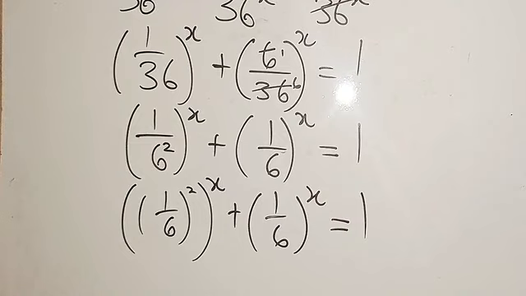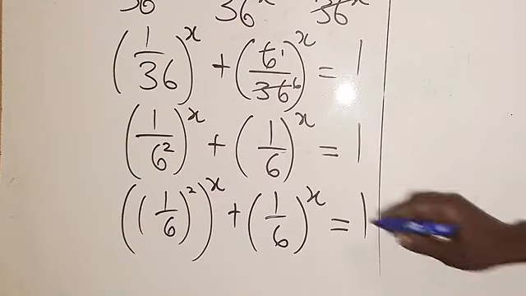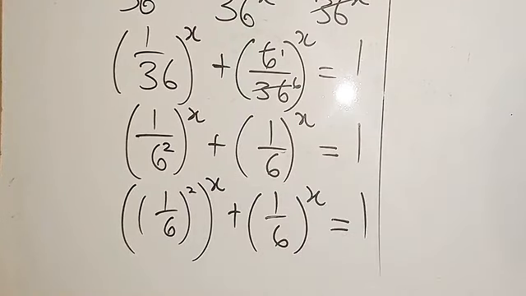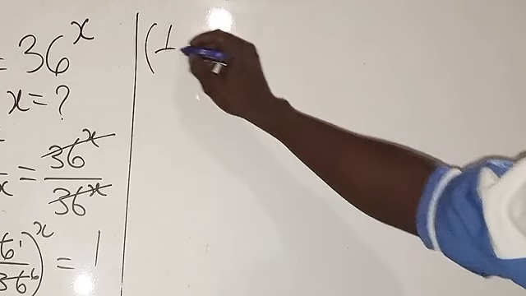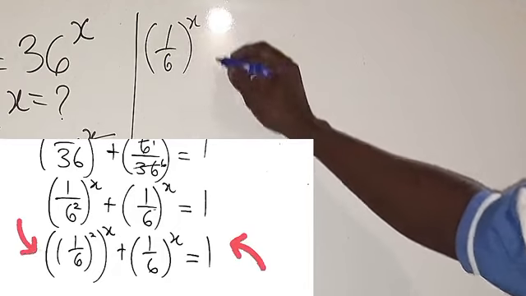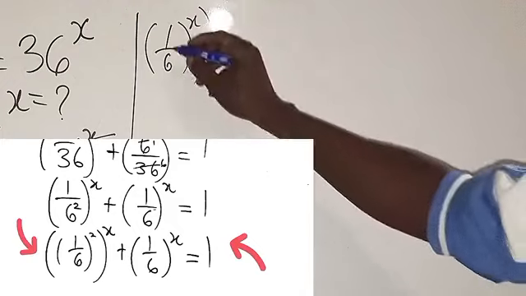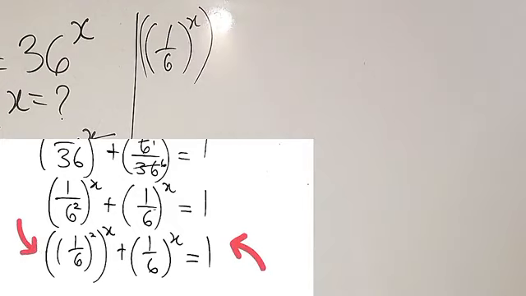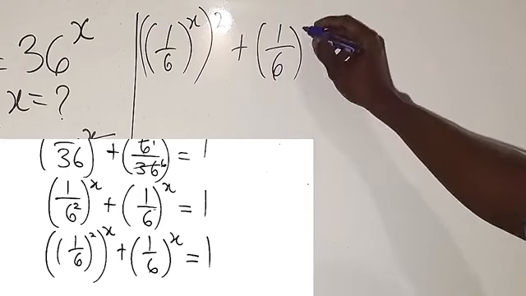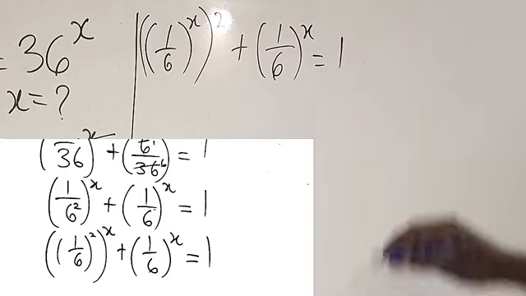So from the law of indices, this x and 2 can be interchanged. 1 over 6, x will come in, then we're going to have 2 outside like this, plus 1 over 6 to the power x, equals 1.